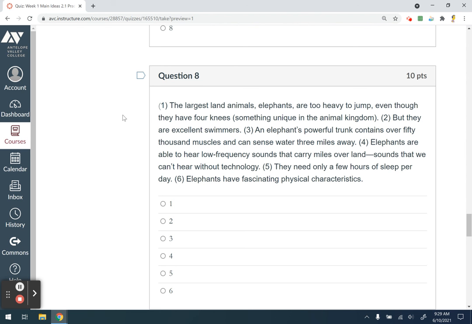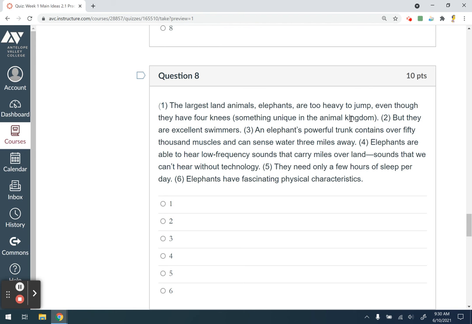So again, let's look at the topic or subject. And really what it's talking about is elephants. So what are they saying about the elephants? Well, similar to question 6, the previous question, the way the paragraph is laid out, it follows a list again.